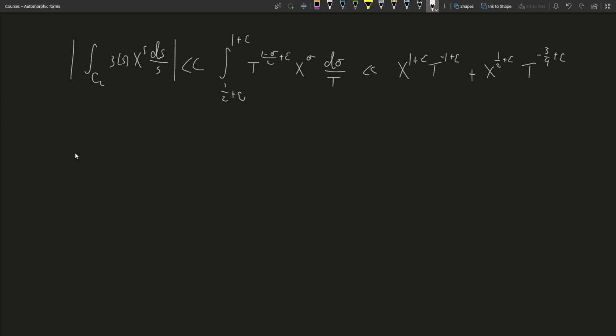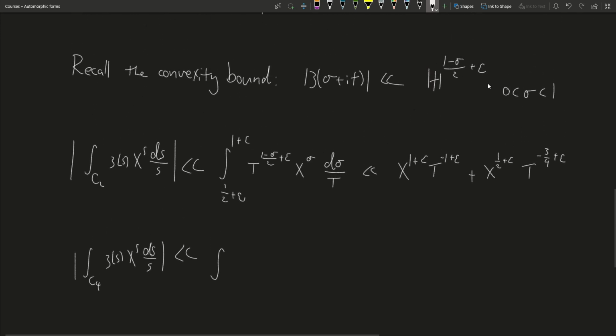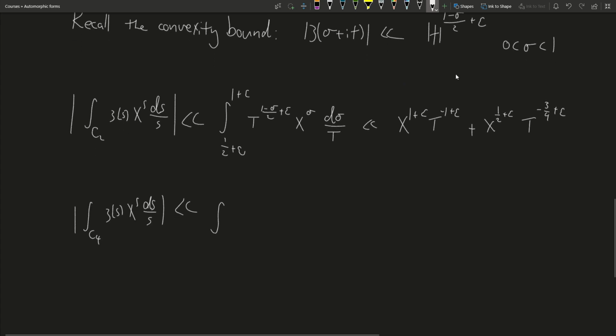Okay, what about C4? So the integral along C4 of zeta of s, x to the s ds over s. Here we're going to have an integral in t. Again, using the convexity bound on the critical line, it's going to be t to the 1/4.